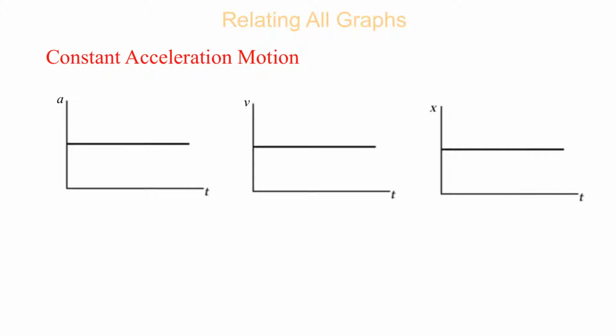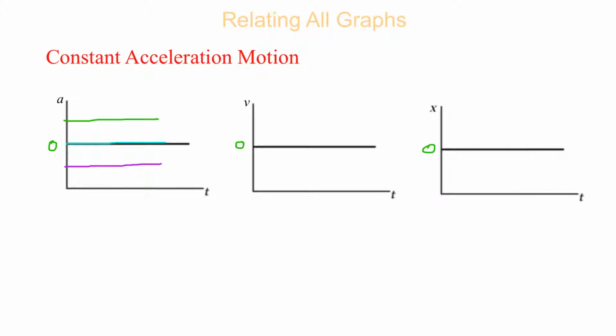Alright, so for constant accelerated motion, we could have a positive acceleration, we could have a 0 constant acceleration, we could have a negative constant acceleration. I'm trying to make those as horizontal as I possibly can here.